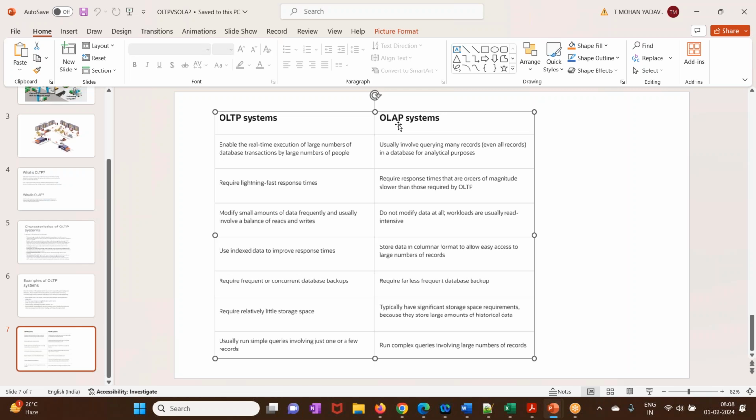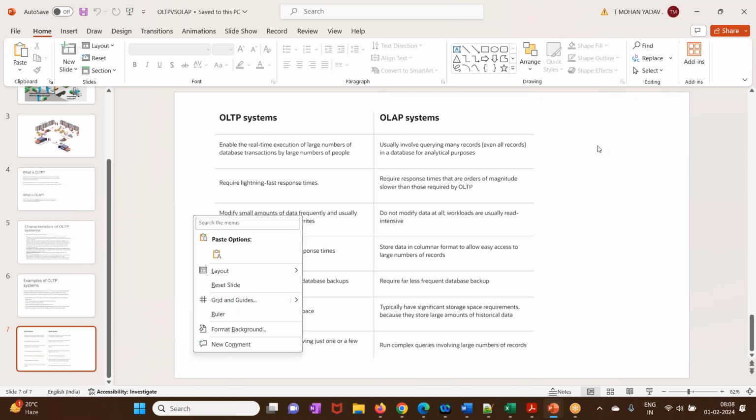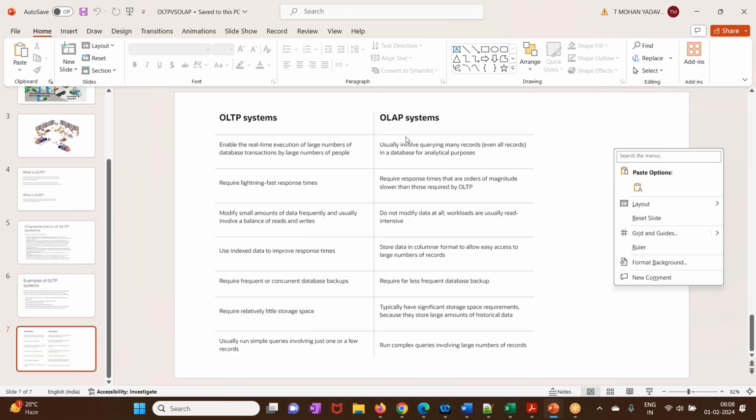We are going to learn about supervised learning and unsupervised learning. There are different machine learning techniques like nearest neighbor. Over the progress of time, we need to explore more in those areas. Any doubts? Hope you have understood the difference between OLTP and OLAP systems.